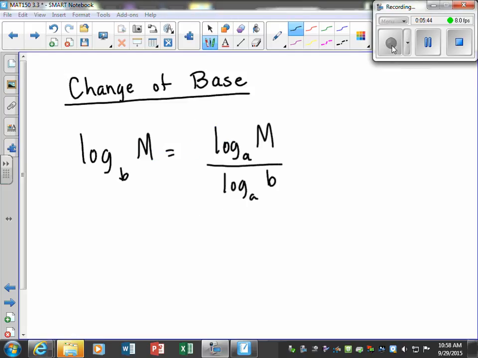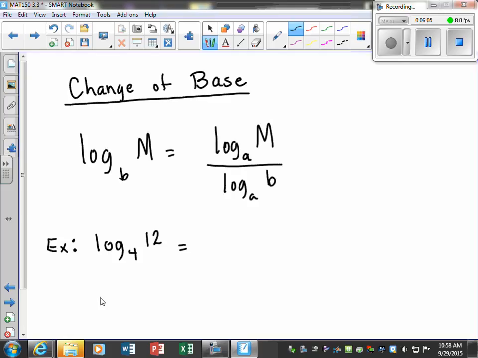Okay, next we have our change of base, and so an example for this is going to be if you have log base 4 of 12. So say we have this and they ask us to evaluate this, and we can use our calculator to do so. So practice in your calculator.